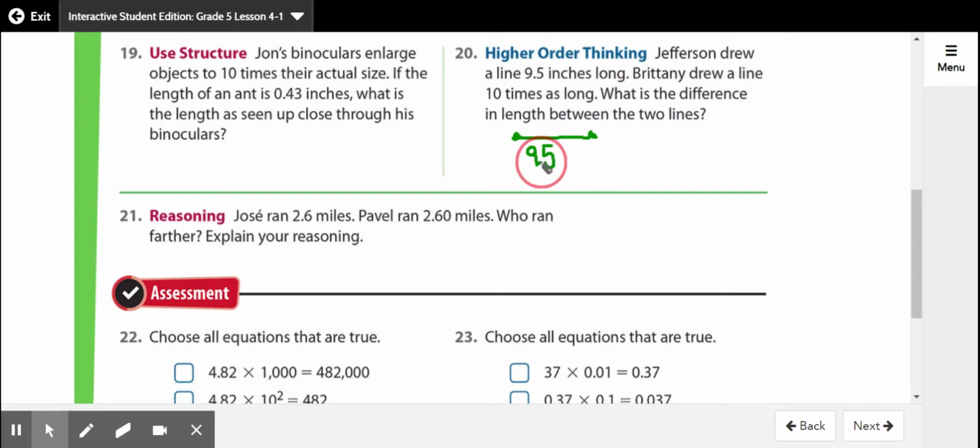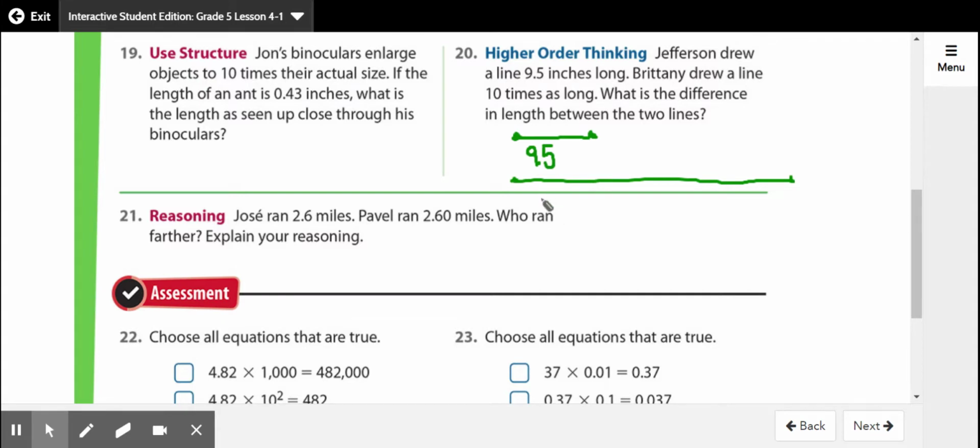But here comes Brittany. She drew a line 10 times as long. Well, it didn't say it's 10 inches, it's 10 times as long as his. Okay, so she started her line here, and she just went way off. 10 times as long as him. All right, so how are we going to find out how long is her line?